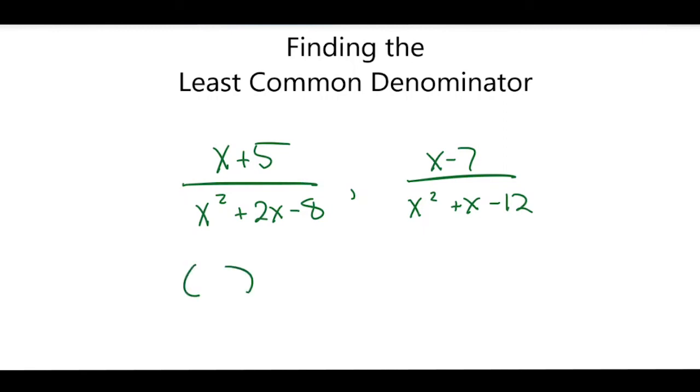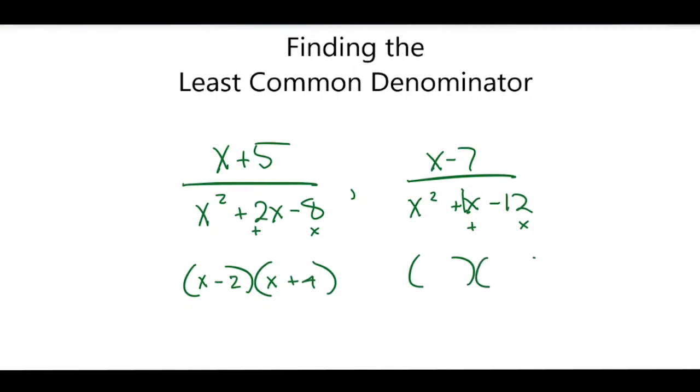So I'll make my two parentheses, and I'll factor the first one here as x and x, and what two numbers multiply together to be negative 8 but add together to be positive 2? Well, that would be negative 2 and positive 4. And for this one here, two numbers that multiply together to be negative 12 but add together to be positive 1, because remember that's 1x, right?